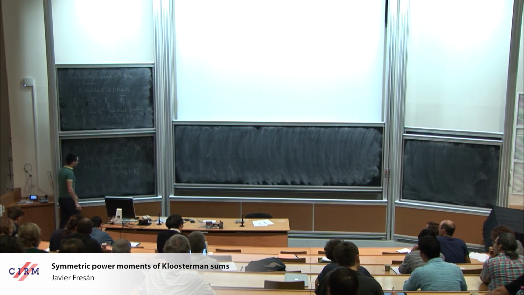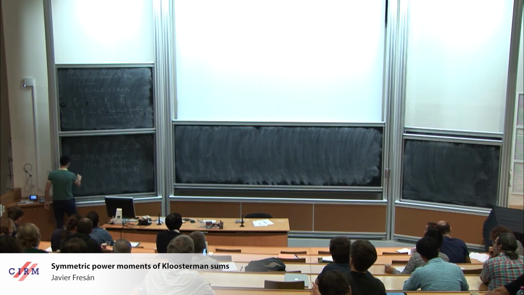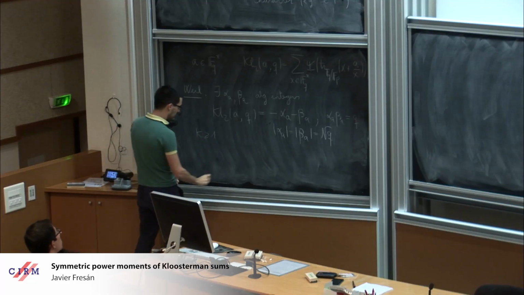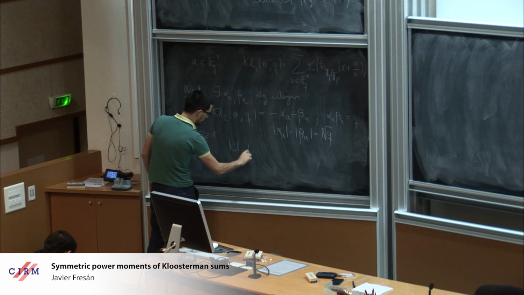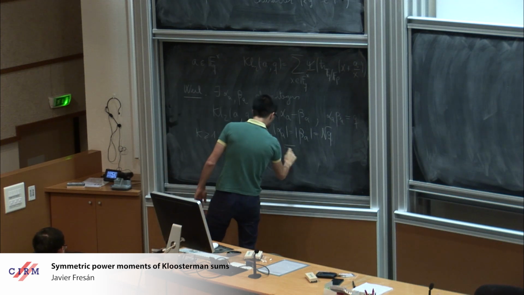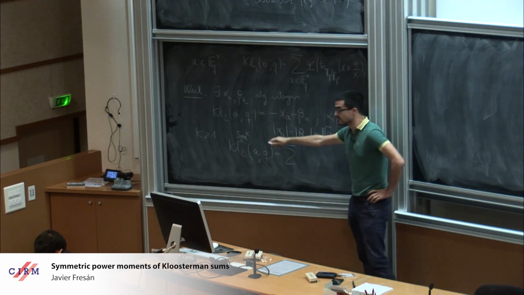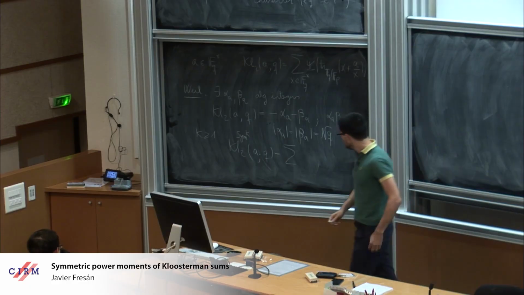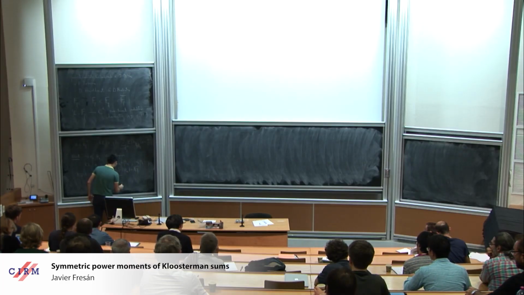And once you have these numbers, you can define symmetric powers of these sums. So if k is an integer, at least one, then you define KL_2 sym k. It still depends on the parameter a. Well, as the sum of all monomials of degree k in these alphas and betas.